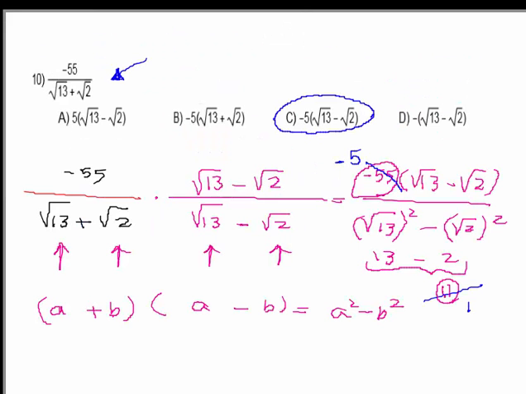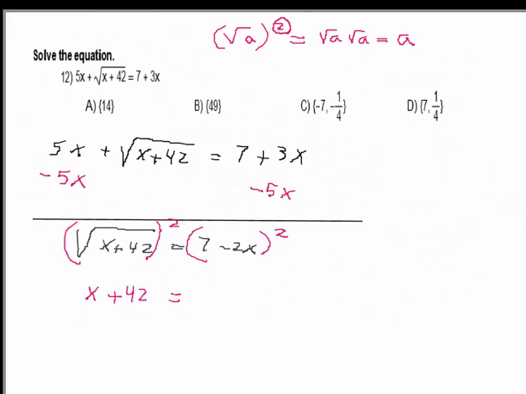So how do you expand this one here? Anybody? You get the first term squared minus the first term times the second term times 2, plus the second term squared. The first term is 7, goes here. The second term is 2x, goes here. Remember it's 2x, not minus 2x.